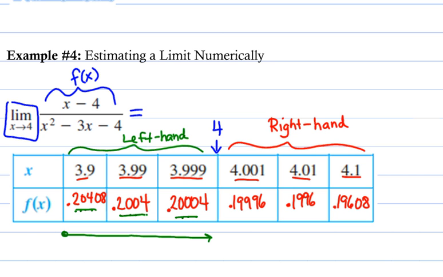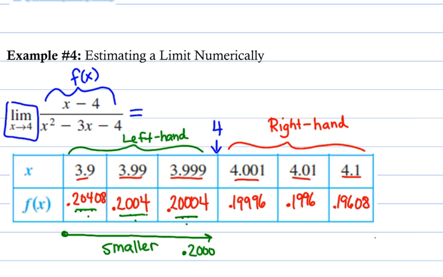And what's happening to these numbers? They're getting smaller. But what number are they getting closer to? So 2040, 2004, 2000. They would appear to be getting close to 2000, or 0.2000.